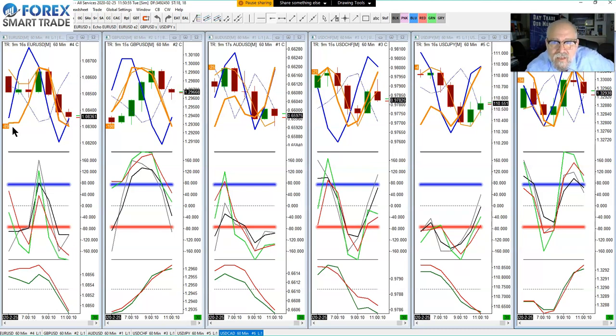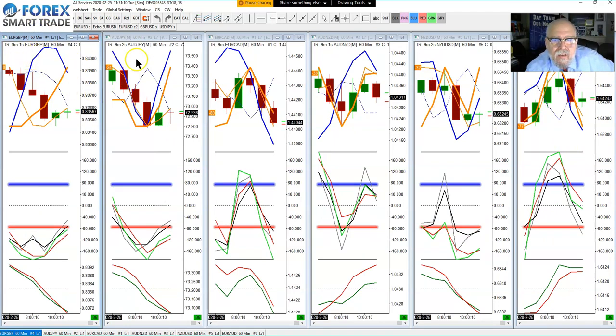Our other trade was AUD, NZD. That's on the next chart. Let's take a look. AUD, NZD. If you take a look now, we are very far from what we had before.